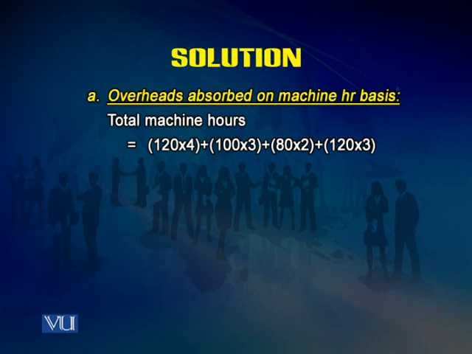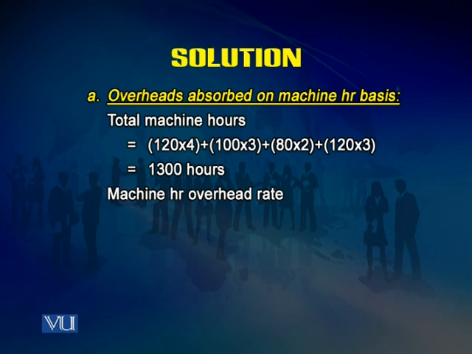And similarly, 100 units were being produced of product B, which requires 3 hours per unit of machine time. In product C, we had 80 units being produced, and per unit machine hour time was 2 hours. And similarly for product D. So the total machine hours are 1300 hours that are going to be used for this output.